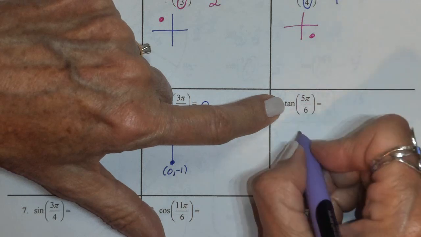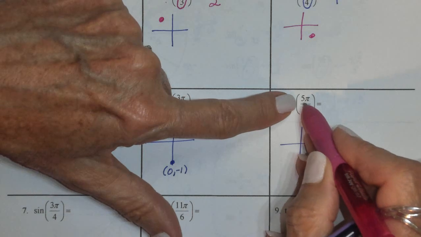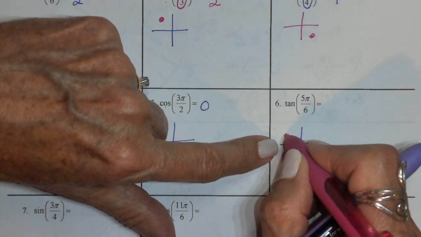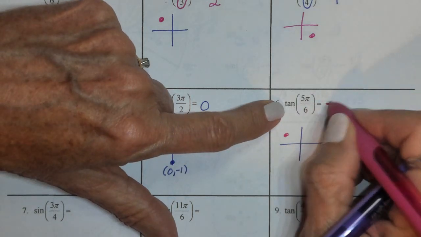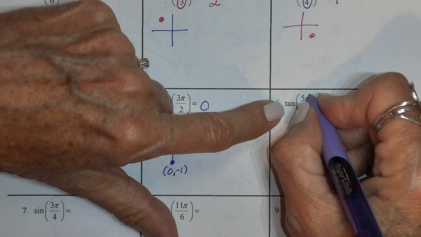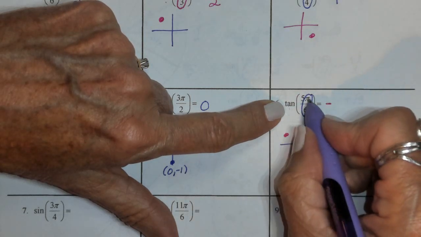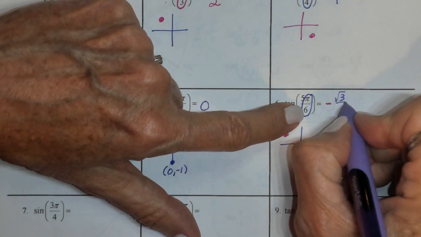Tangent 5 pi over 6. What quadrant are we in? 5 pi over 6 is not all the way to 6 pi over 6, so it is right here in quadrant 2, where tangent is negative. Now we'll get the value. It's a pi over 6 reference angle. Tangent of a pi over 6, 2 3s, 2 3s.